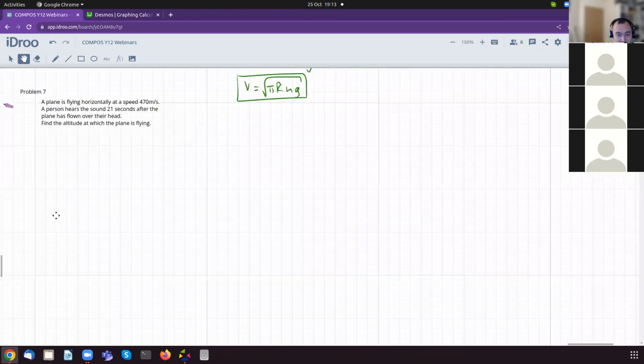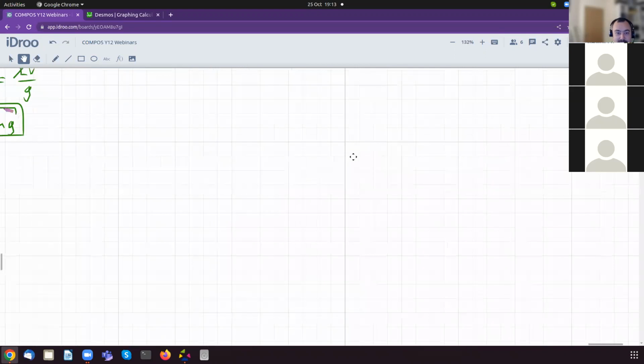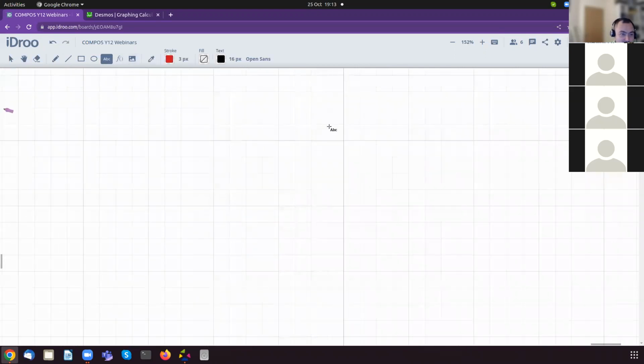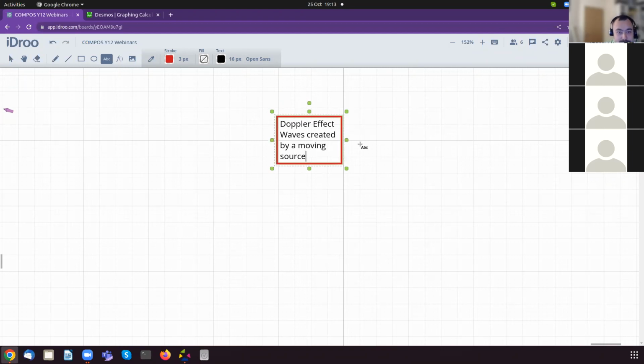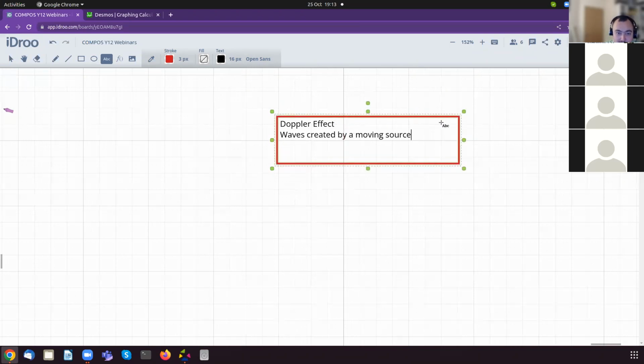Right, before we go into that, let's discuss the Doppler effect. Or more generally, waves created by a moving source, which is probably what I really want to explain.